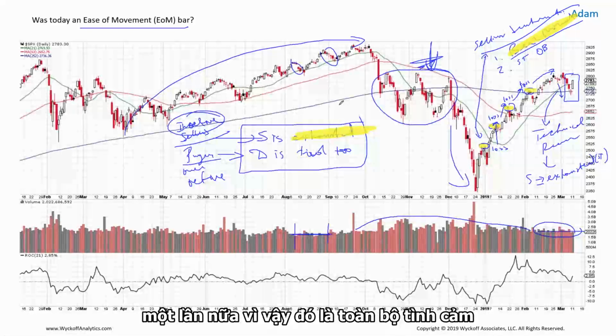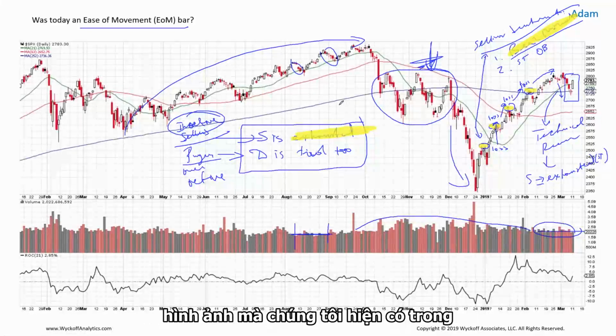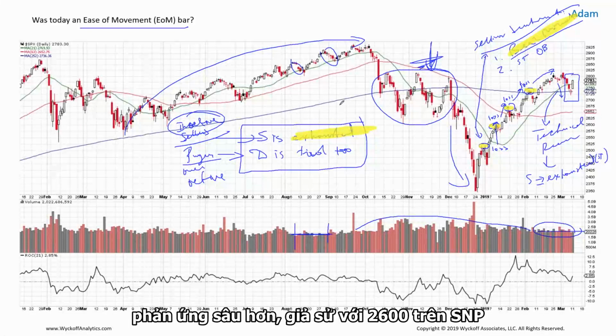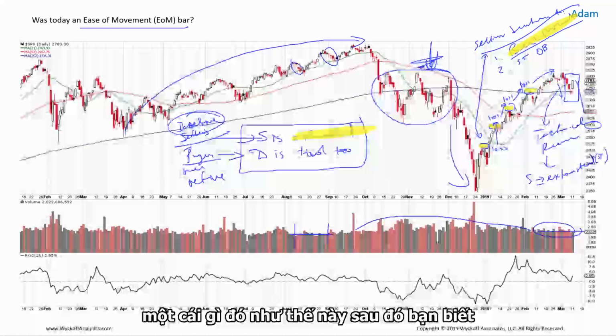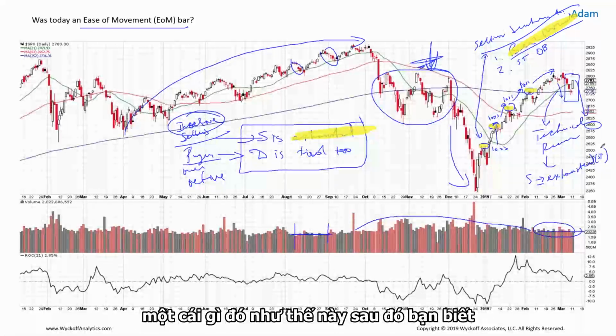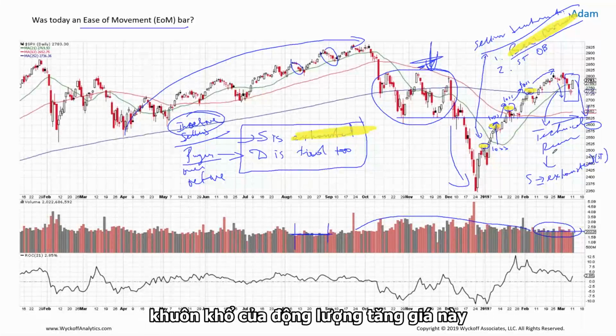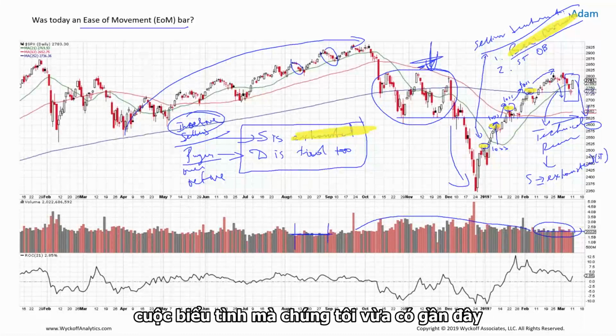So that's the whole sentiment picture that we have currently in the market, and it still favors the bullish scenario no matter how it's going to unfold. Even if we're going to have a much deeper reaction, let's say to 2600 on S&P, it's still going to be within the framework of this bullish momentum rally that we have had just recently.